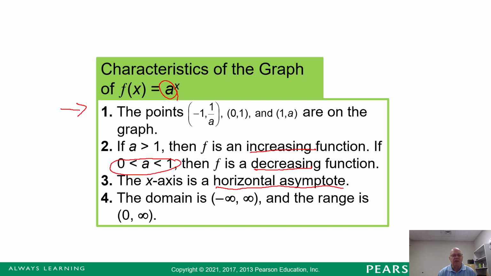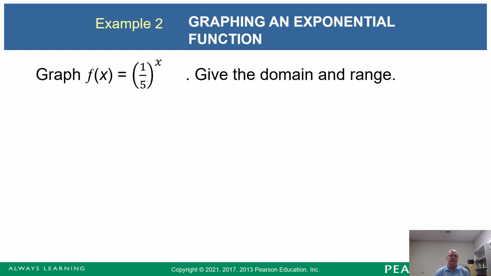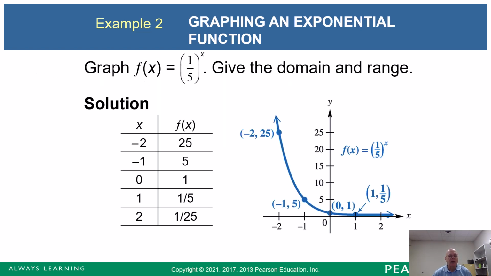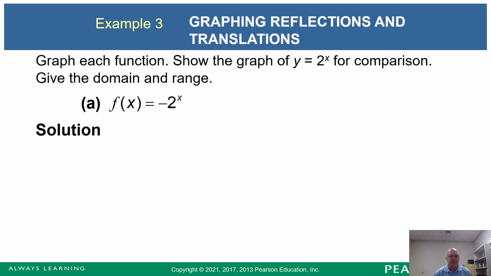The domain is all real numbers, and the range is just the positive numbers. Next, what's the domain and range? Well, take a look at it. Domain, all real numbers. Range, all positive numbers for all exponential functions.